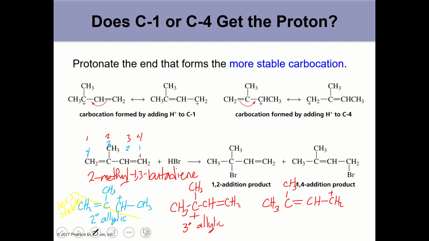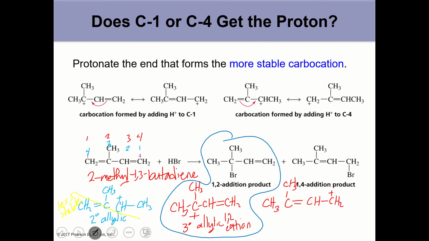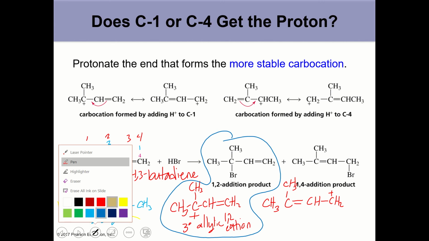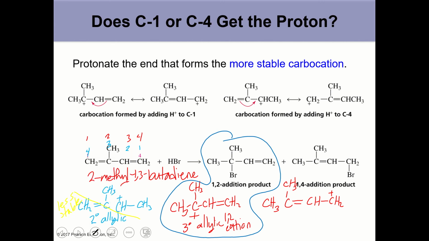And when we're deciding which is the more stable final product, we ignore the position of the positive charge and focus only on the pi bond. So this is the 1,2 cation, and that gives us the 1,2 addition product. Okay, and then we have the 1,4 cation and the 1,4 addition product.